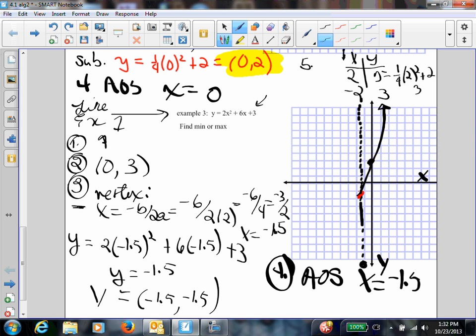How many units have you traveled? 1.5, right? That's 1.5 units. That means I have to travel 1.5 units on the other side, yes? So 1.5 and 1.5 is what? It's 1.5 plus 1.5. Negative 3. So what is our reflection point? Negative 3, 3.